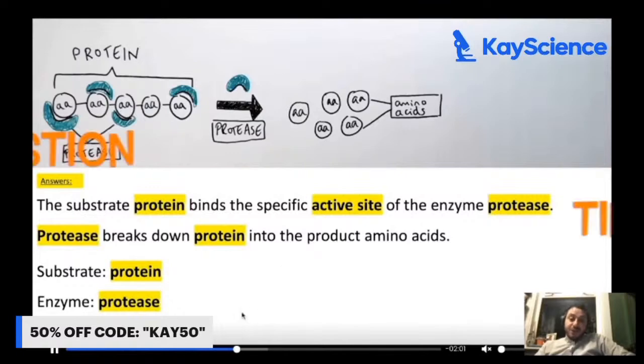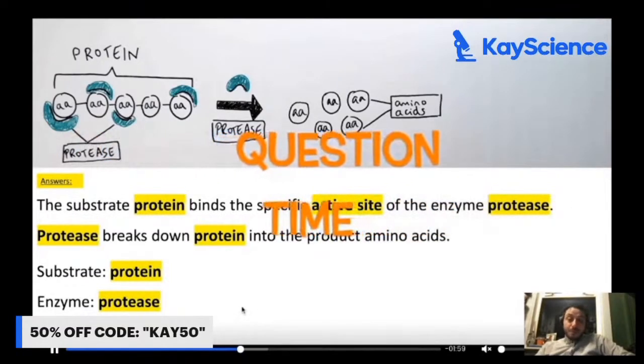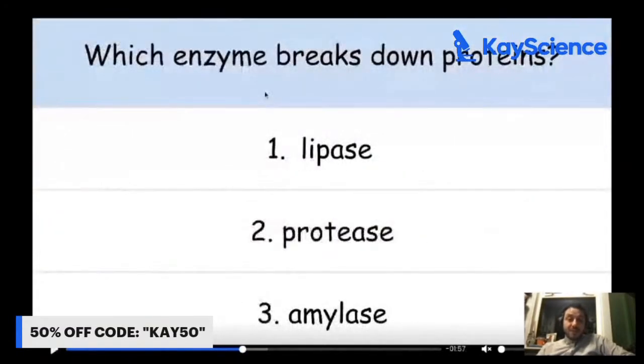So we're now going to go through the last question time. So which enzyme breaks down proteins? 1, 2, or 3? Do it in the group chat. Well, that is going to be protease.